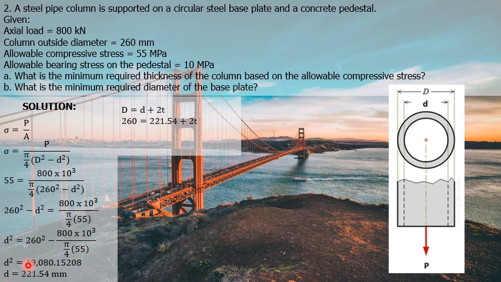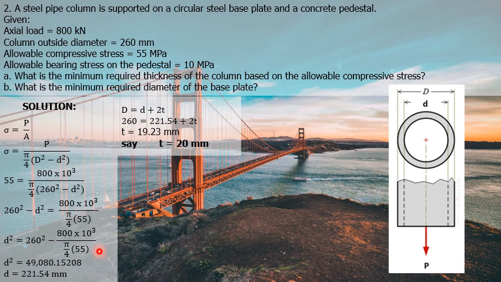Getting the value of d squared in your calculators, that is equal to 49,080.15208. Getting the square root of both sides, we get small d, or the inside diameter, equal to 221.54 millimeters. Is this our final answer?